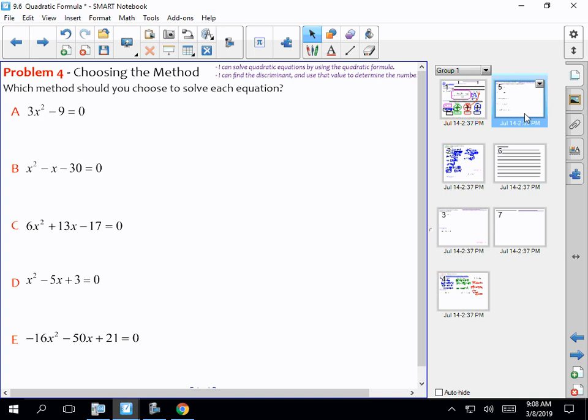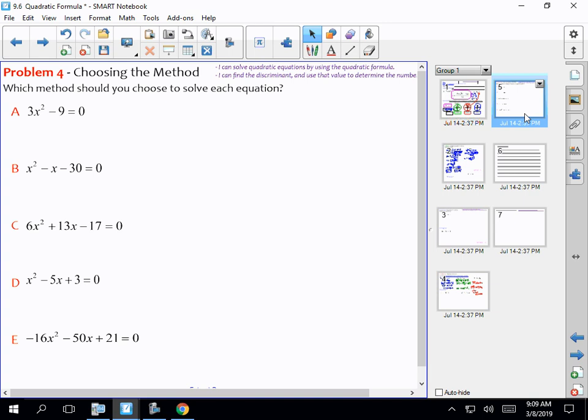The methods we have are: you could graph it, which is the rudimentary way of doing it. If it doesn't have a b term, you could take the square root of each side. We learned how to solve by factoring, completing the square, and then the quadratic formula. So really 5 different methods.